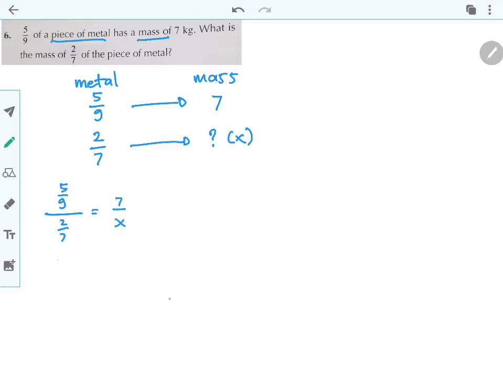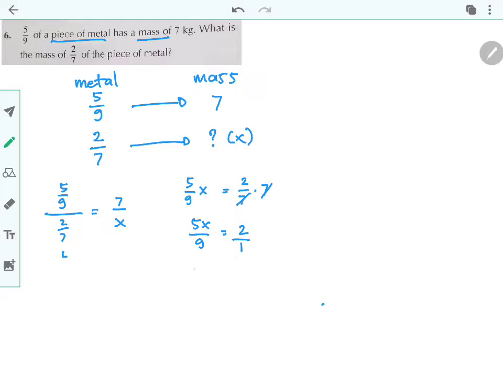I do the cross multiplication, then 5 over 9 x equals 2 over 7 times 7. So it's 5x over 9 equals 2. There are several ways to solve it here, but I'm going to do another cross multiplication, so I make it 2 over 1.